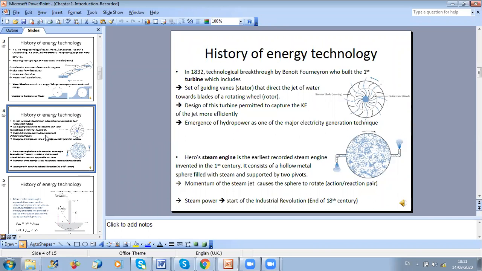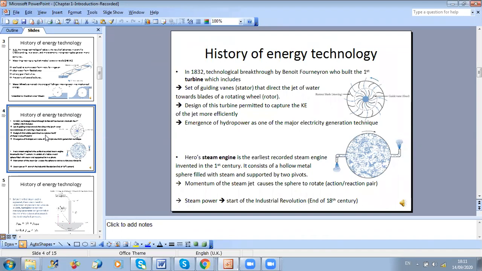After this invention, we have a lot of advances in hydropower as one of the major electricity generation techniques, because one of the main purposes of turbines is to create rotational energy. And once you create rotational energy, you can attach your turbine to a generator, and the rotational mechanical energy will be converted by the generator to electrical energy. So this invention was very important.